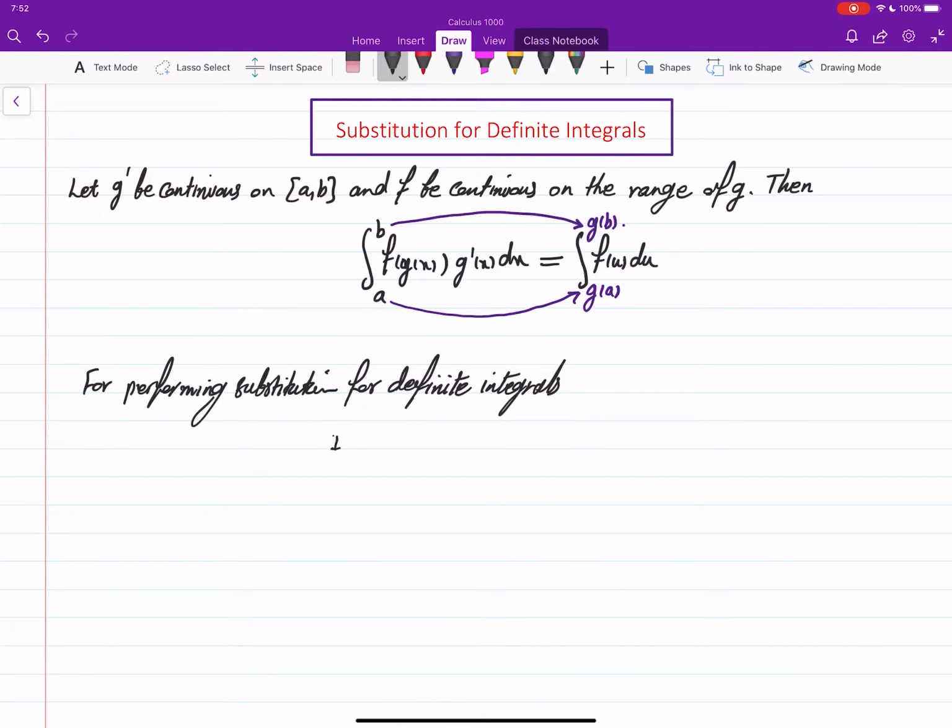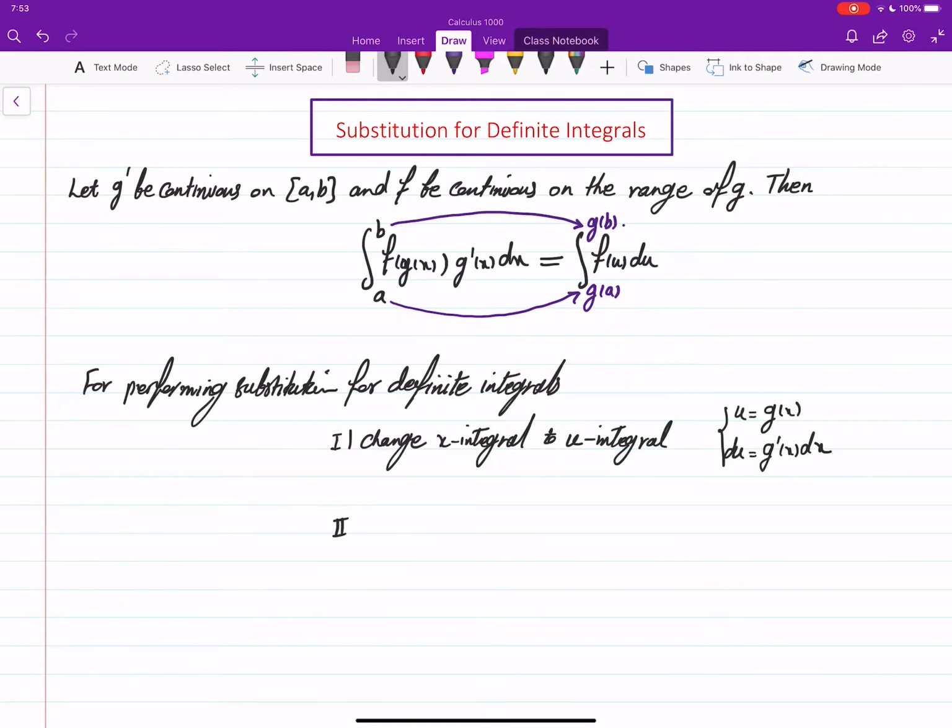Those steps that I had there were three steps, the first three steps. I'm just writing them as one step: change the x integral to the u integral. While over there you need to identify the pattern, set u to be g(x), and then du is going to be g'(x) dx, and then substitute everything there.